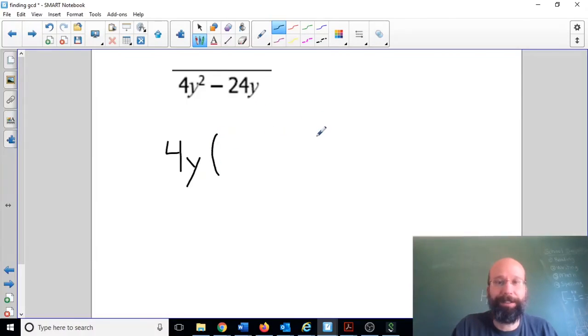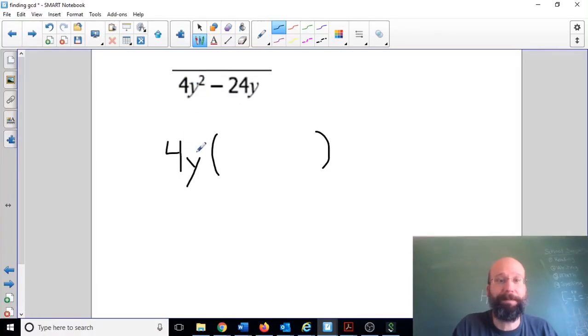So our GCF of these two terms is 4y, because the numbers have a GCF of 4, that Desmos told us, and since they both have the same variable, we can take out the smallest exponent, which in this case is this 1. Now all we have to do is divide.